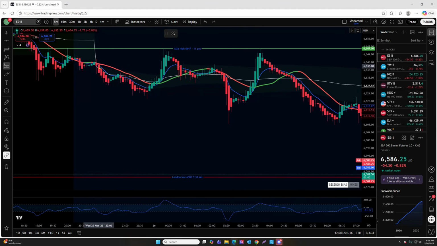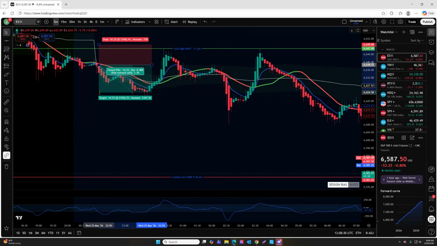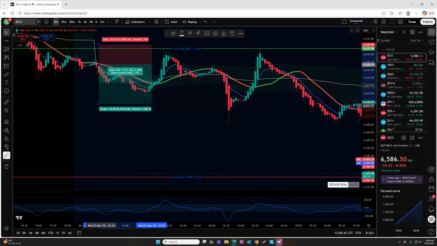So yeah, I got in here at 66. I got this cross pretty well. And again, as you guys know my rules, I had a stop of 10 points, and I always target 2 to 1. Now, when I say I got into this trade and it was a quick one, I'm following my own rules, so I want to go for 20.